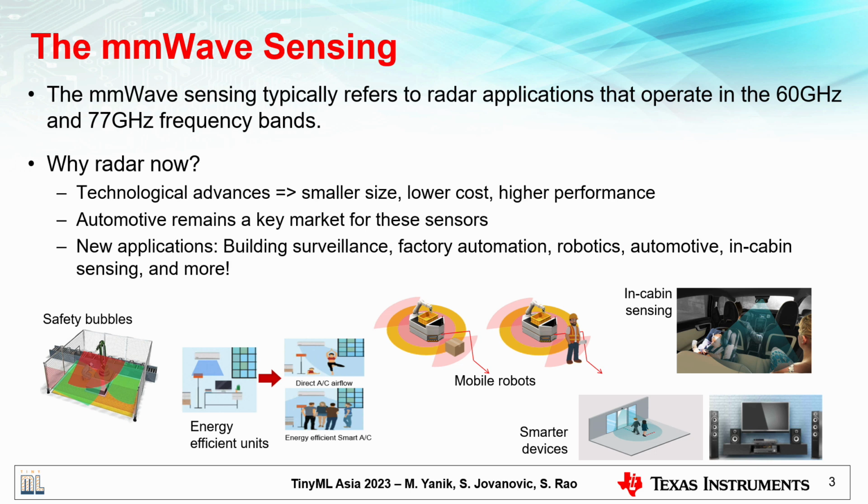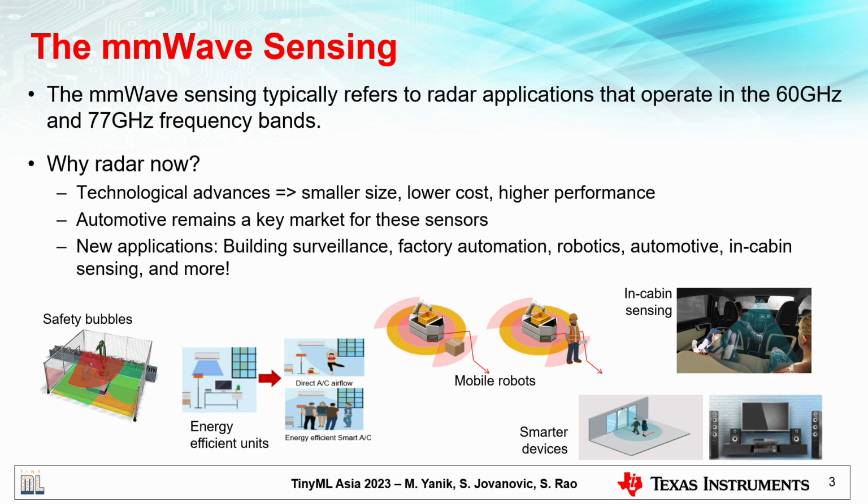Radar has been known for decades, but due to technological advances, we now have smaller size, lower cost, and high-performance system-on-chip devices for these radar applications, not just from TI but from other companies as well. Although automotive remains a key market for these sensors, we have many applications, including building surveillance, factory automation, and robotics, which need edge processing, low-cost and low-power solutions to run these end-to-end applications fully on the device.